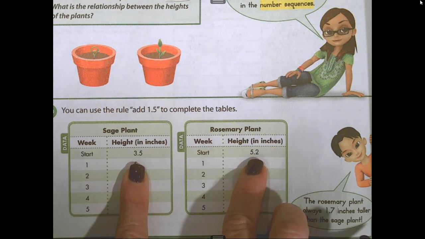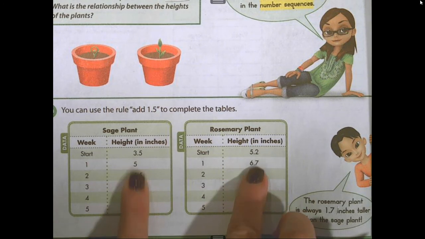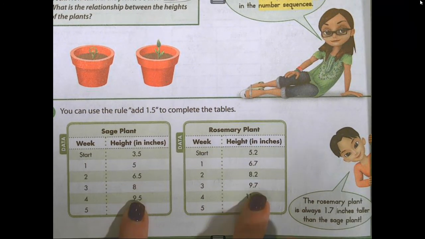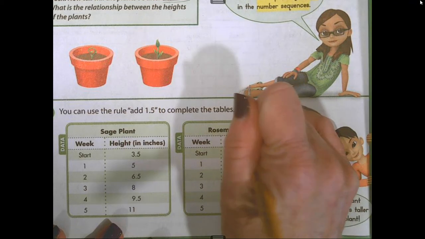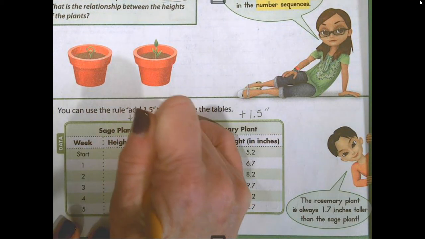All right. The rule is we're going to add 1 5/10 inches each week. So since we haven't worked with decimals, this one would have been one we would have used a calculator on. The table's been filled out for us. So the rule is plus 1 5/10 inches for both types of plants.